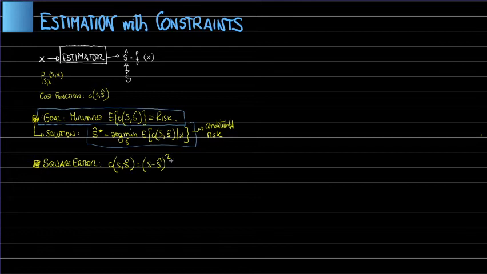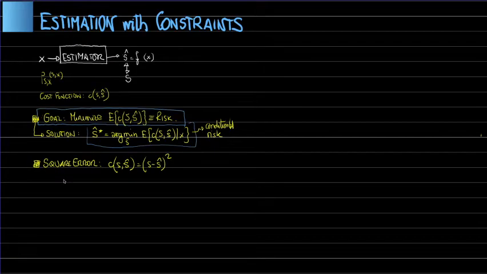And we have seen that in this case, the solution is given by an estimator that we usually write in this form, which is the conditional mean.